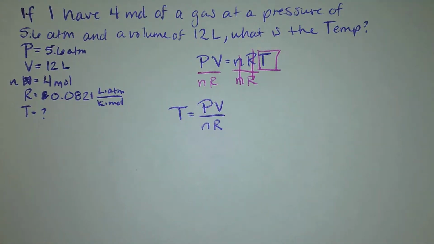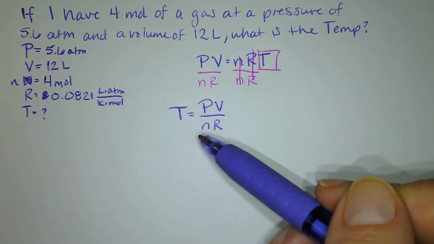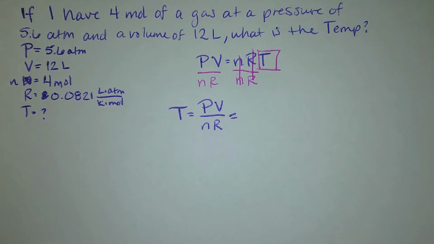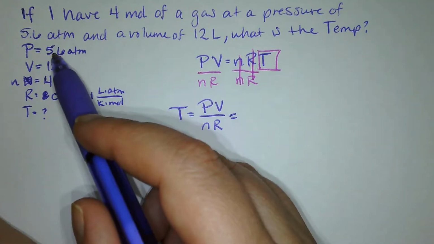So every time you solve one of these, you do have to move the equation around. You have to kind of edit it. And once you do, all you're going to do is plug in values and do the math. So this part's the easy part. We plug everything in, with the units.